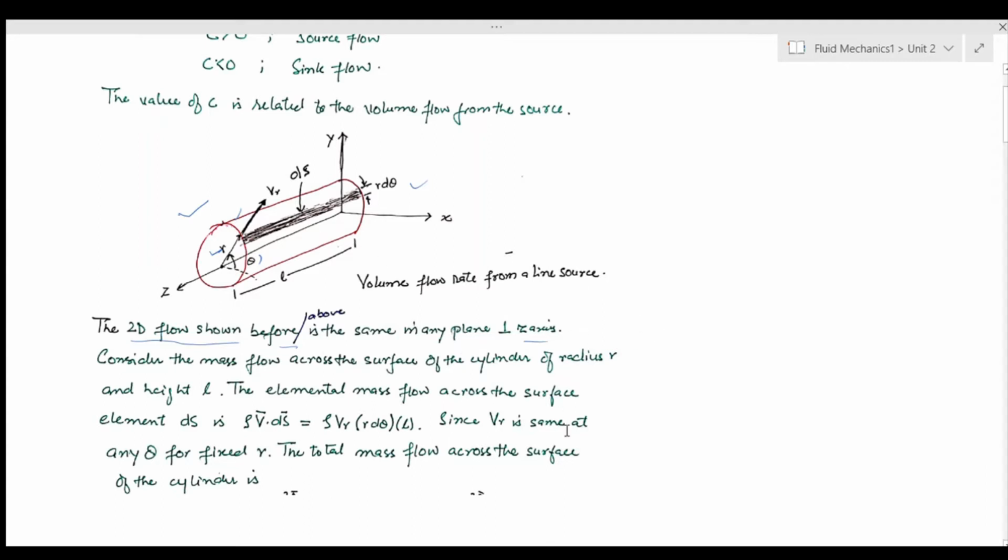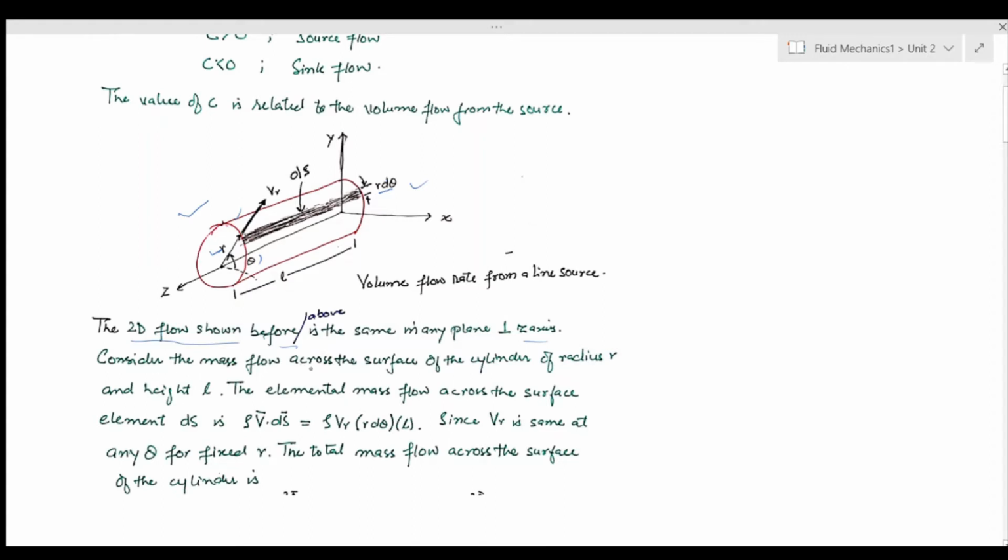For that, we have taken an element on the surface, and it is called ds. This ds has a circumferential thickness of r d theta, and it is located at an angle of theta.